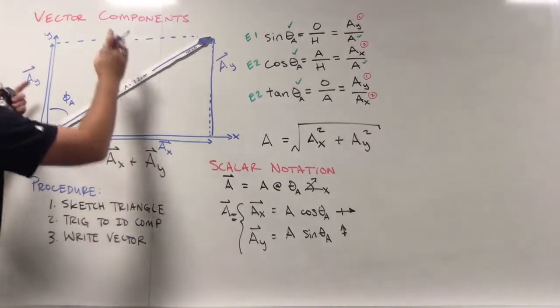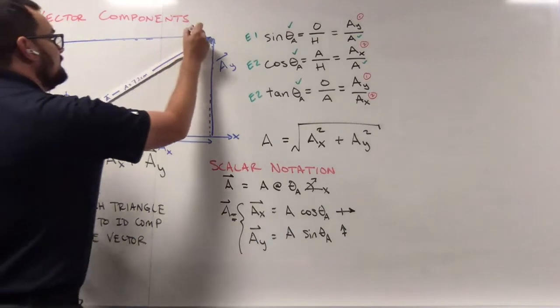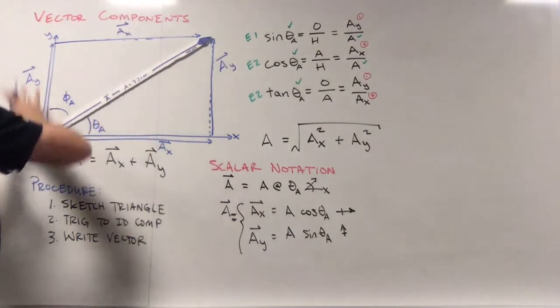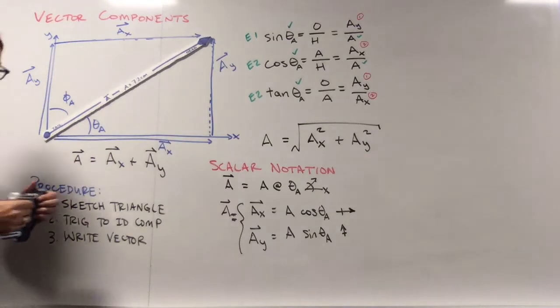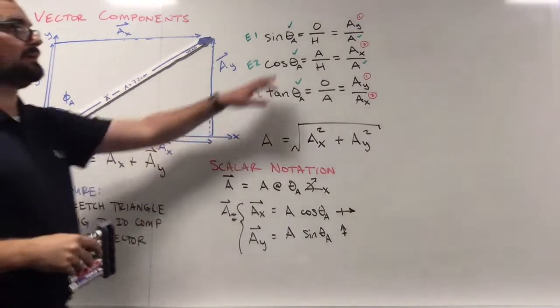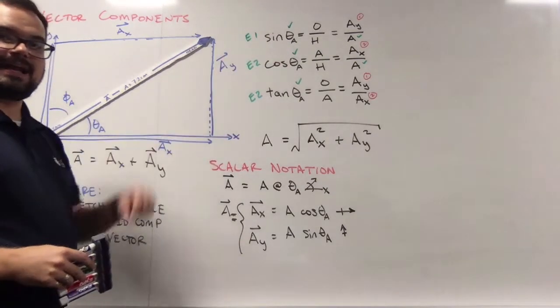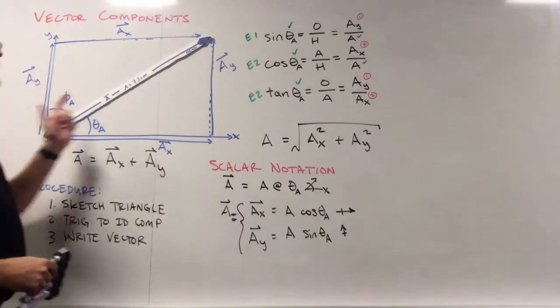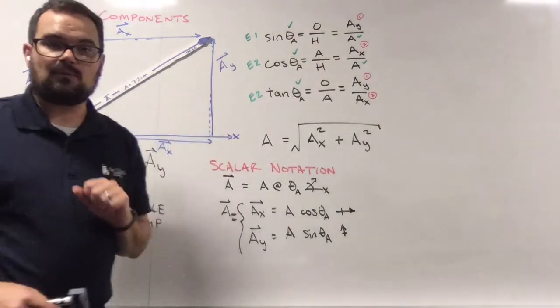Well, now we could do the other side of the triangle, yes? And we would have AX, now looking at the top component. But what you'll see is that AX is now the opposite component. So sine would give me the AX. And cosine is now the adjacent, or AY is now the adjacent component. So cosine would give me AY.